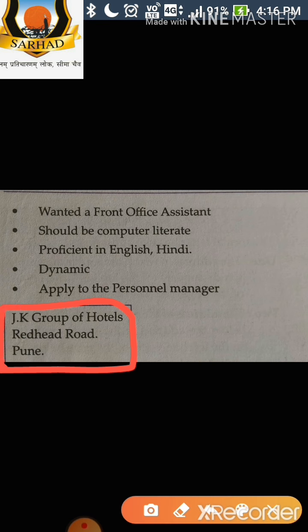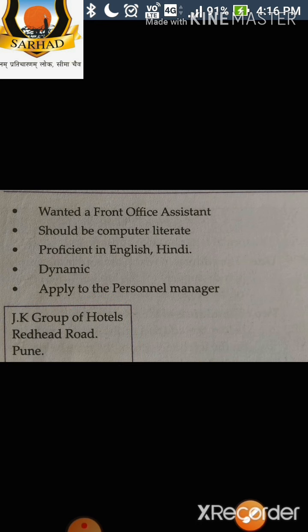This organization has given the advertisement in the Times of India on which date? 24th May 2017. And what did they require? They required one front office assistant. So this advertisement is for the job of front office assistant. What things did they require?